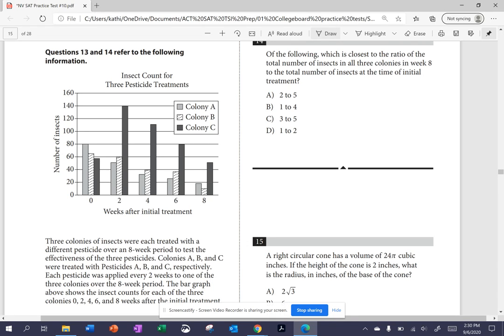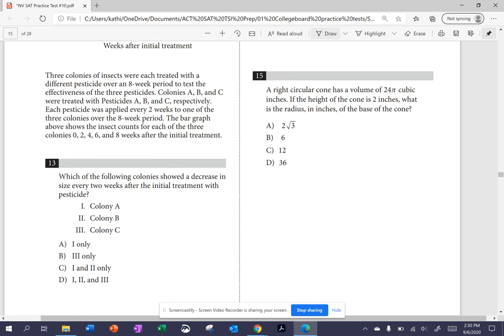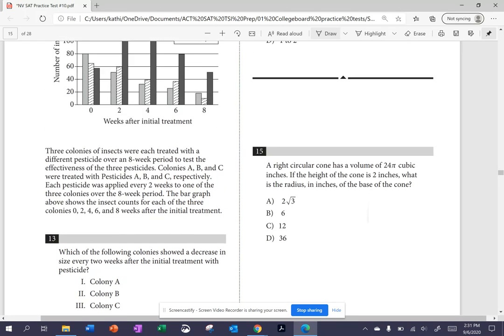Each pesticide was applied every 2 weeks to one of the three colonies over the 8-week period. The bar graph shows the insect counts for each of the three colonies 0, 2, 4, 6, and 8 weeks after the initial treatment. Which of the following colonies showed a decrease in size every 2 weeks after the initial treatment with the pesticide?